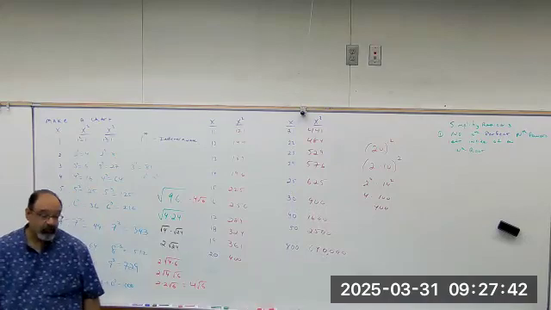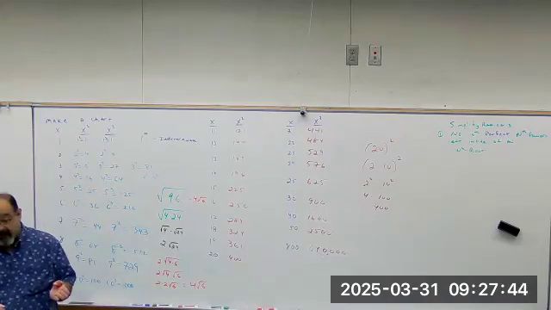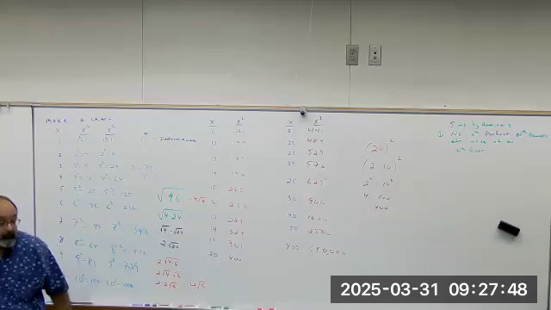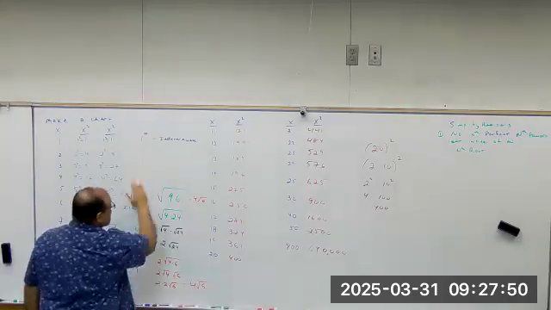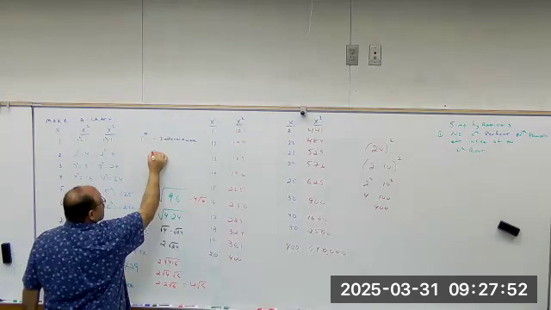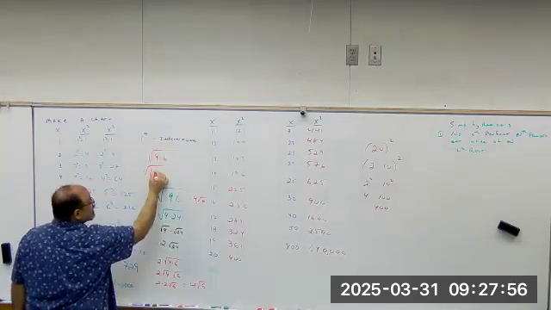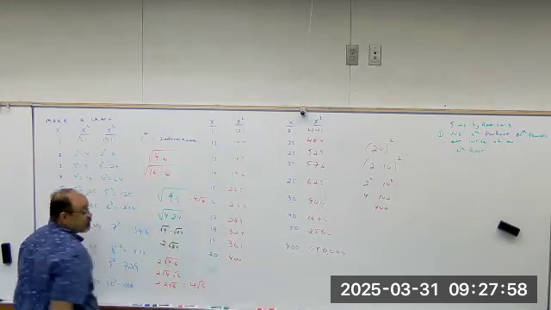We want to try a perfect square. Maybe I can divide by 8, but I can't take it out. Square root of 8 does not come out. I want to break it up into perfect squares. So square root of 96 can be written as the square root of 16 times 6.